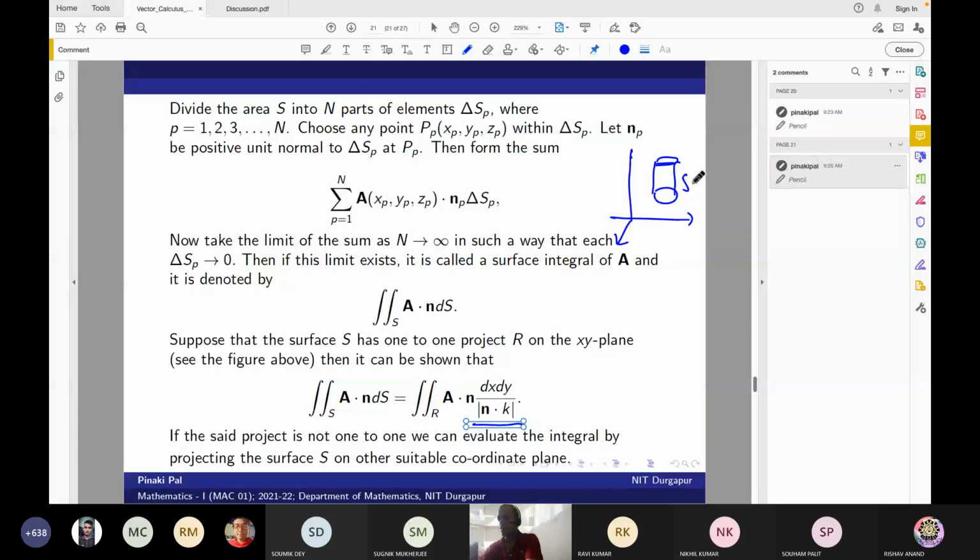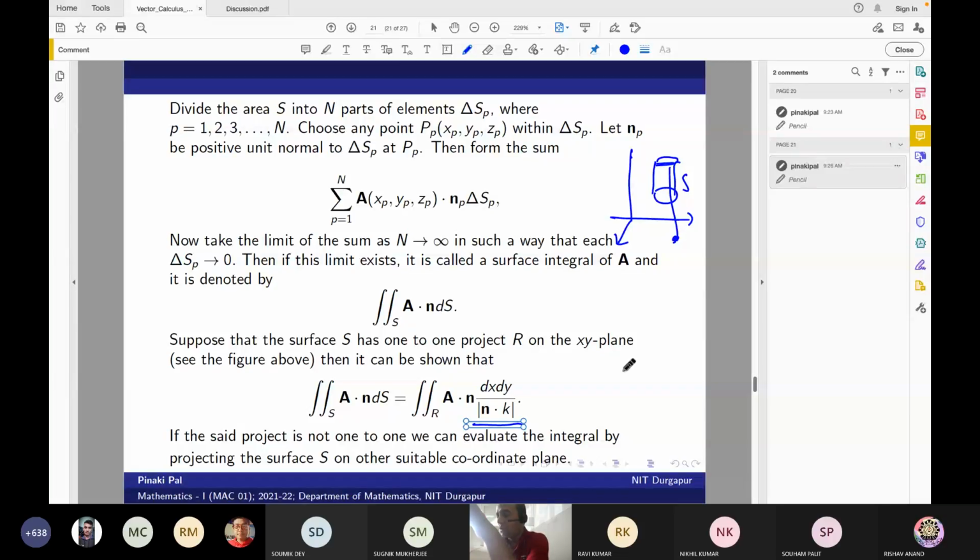Now you want to find the surface integral on the surface of the cylinder. Then if you project it, with the kind of orientation we have taken, on the XY plane, then corresponding to each line on the generator, you will get a single point on the XY plane. All the lines will be projected.